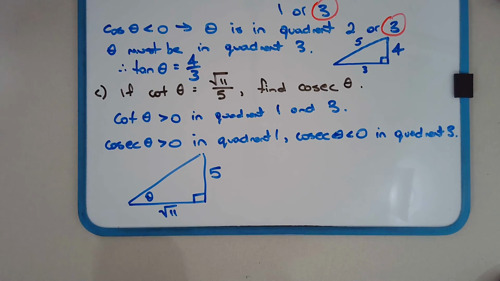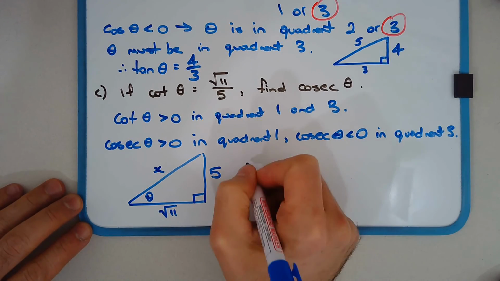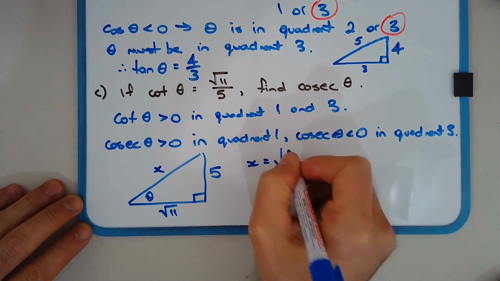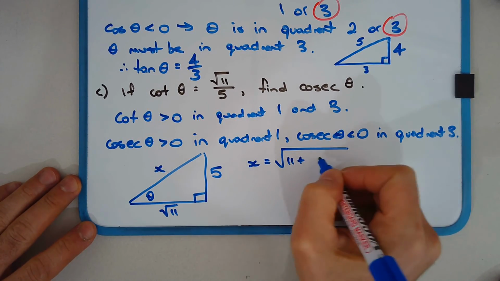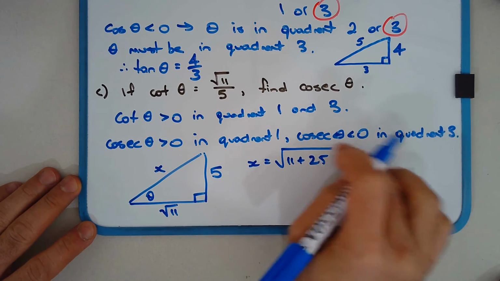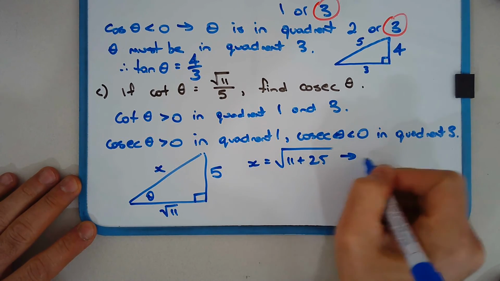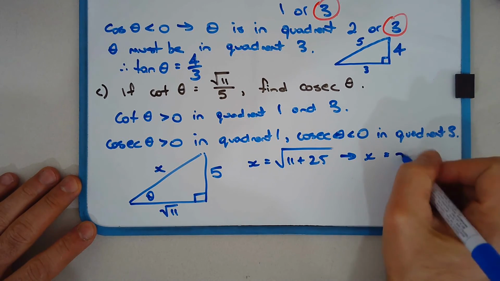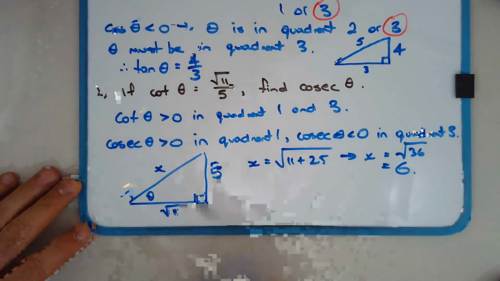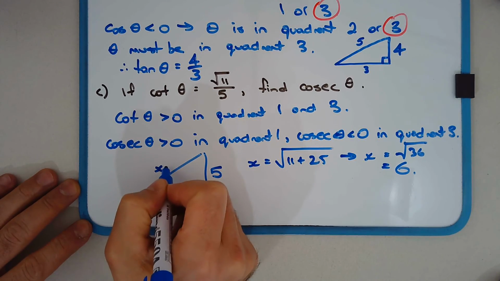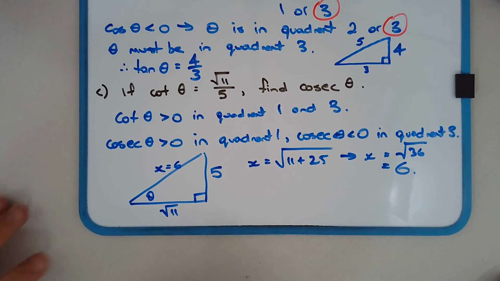Using Pythagoras' theorem, let's call that x there. Quickly, x is equal to the square root of 11 plus 25, and that's equal to the square root of 36, which equals 6. So x equals 6.